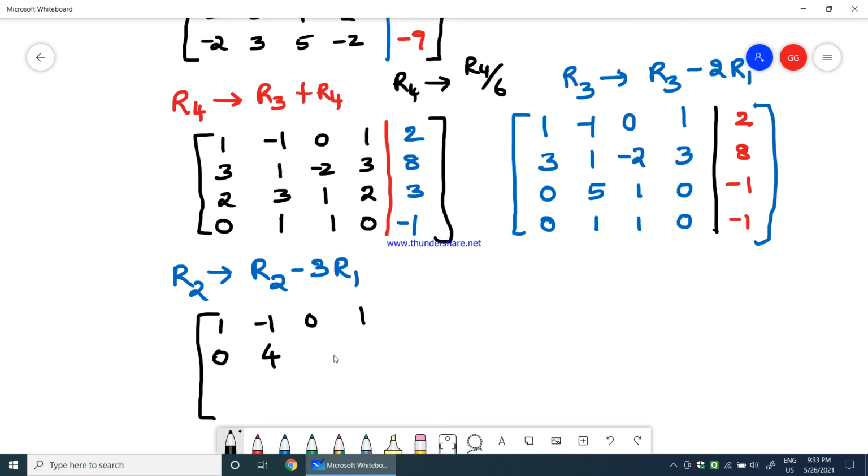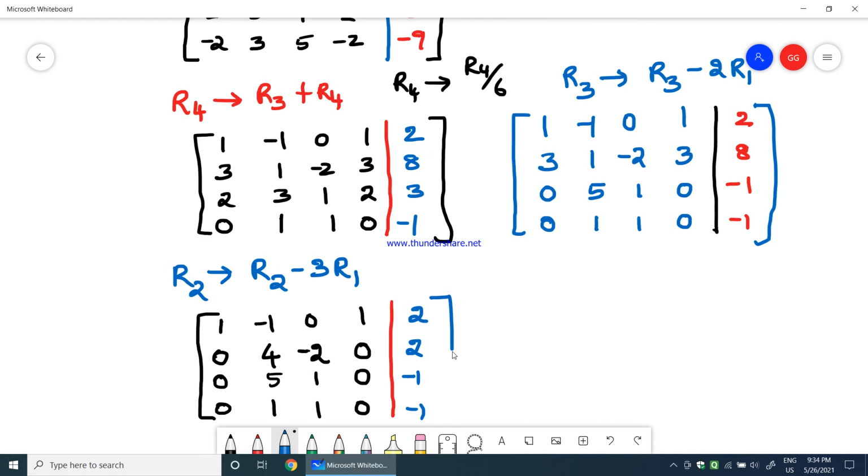Then minus 2 minus 0 is minus 2. Then 3 minus 3 into 1, which is again 0. Then I'll put a bar. So here 0 4 minus 2 0, and this is 0 1 1 0. And then on the right hand side you see 2. So here in row 2, 8 minus 3 into 2 is 2, this is minus 1, and this is minus 1.